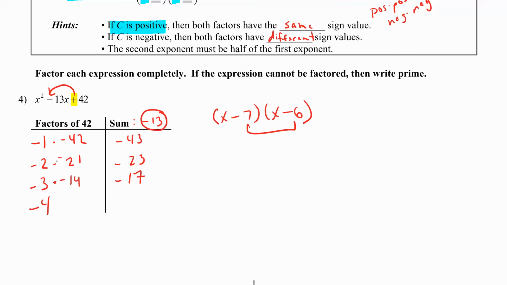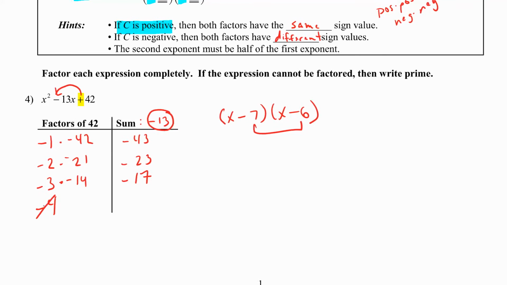Try negative 4. 42 divided by 4 does not work, we can't divide by 4. We can't divide by 5, so let's try 6. That's negative 6 times negative 7, and that one is negative 13. And that's our combination.